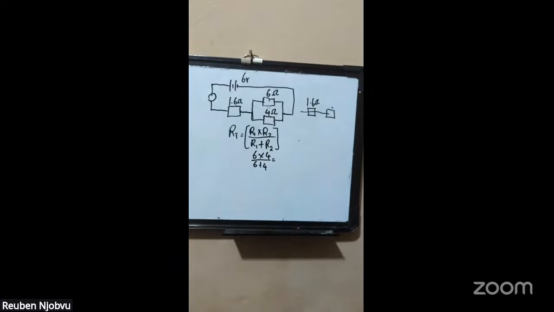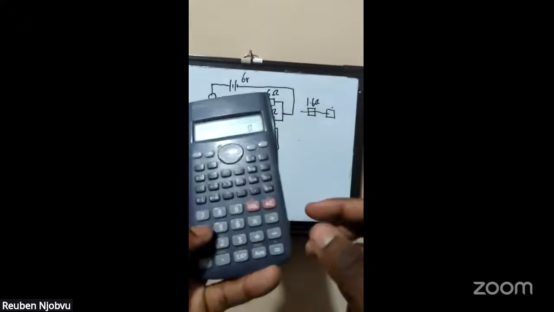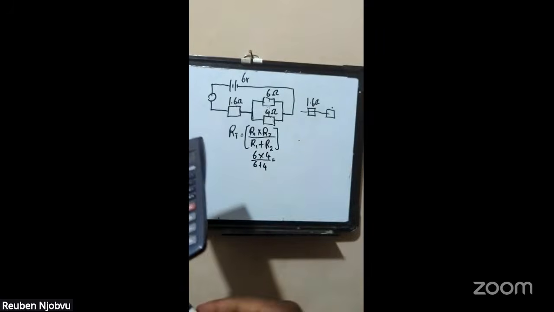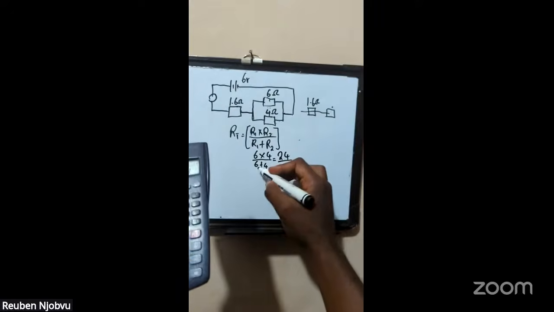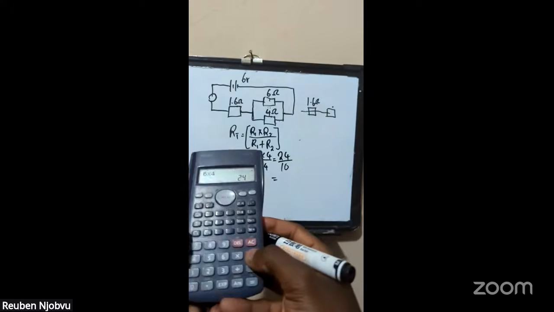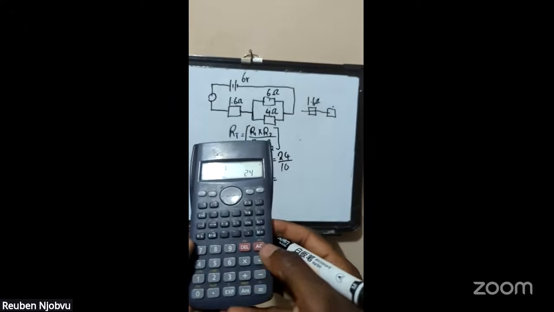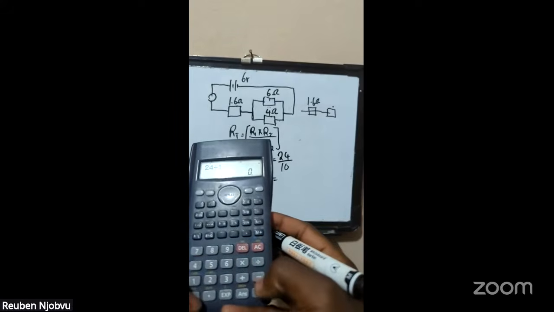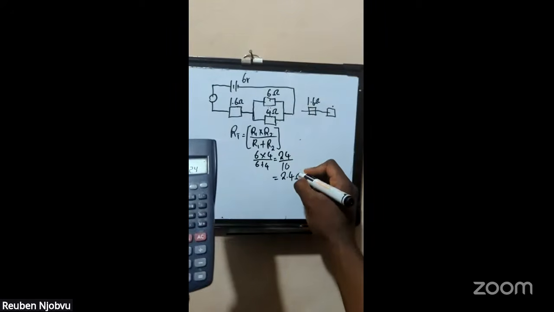So you find it in this format. Don't trust your head. 6 times 4, you get 24, right? So you have 24 over 6 plus 4, which is 10. You go 24 divided by 10, and you get 2.4 ohms.